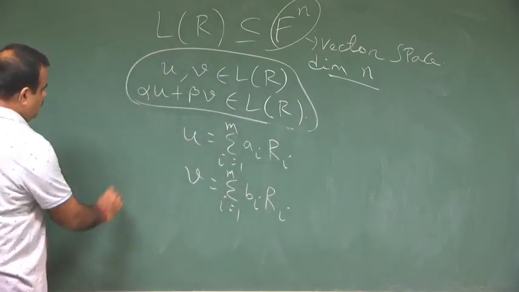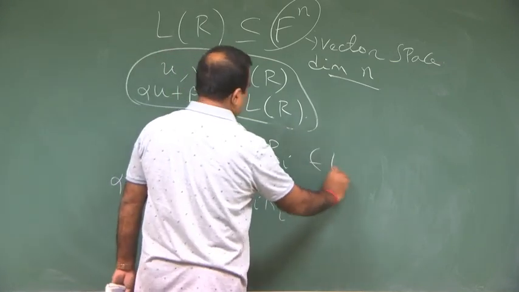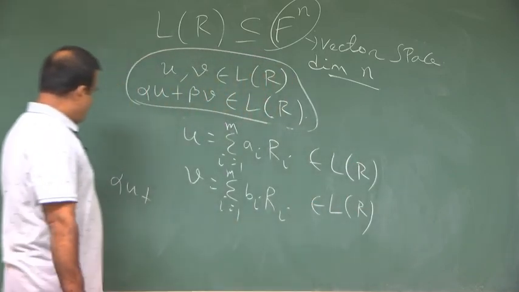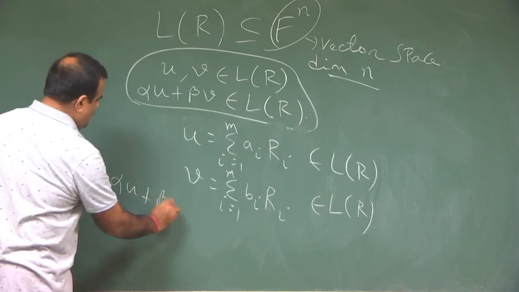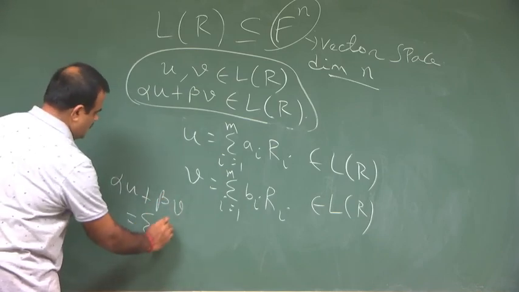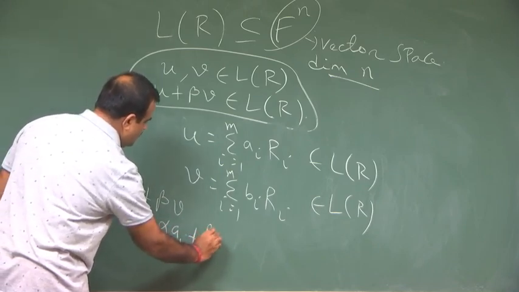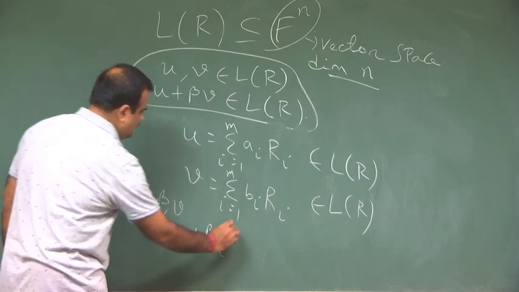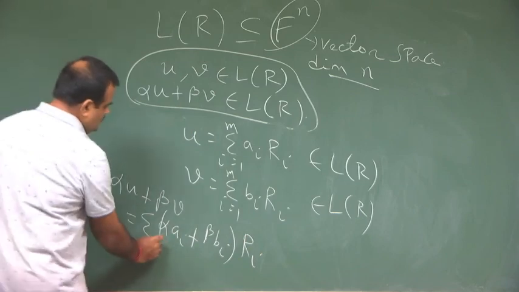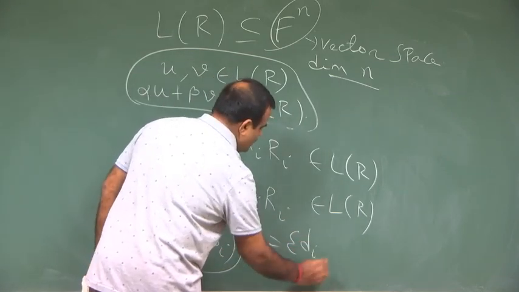Then alpha u plus beta v can again be written as the summation of alpha a i plus beta b i, times r i. Call these d i's, so the summation of d i r i.